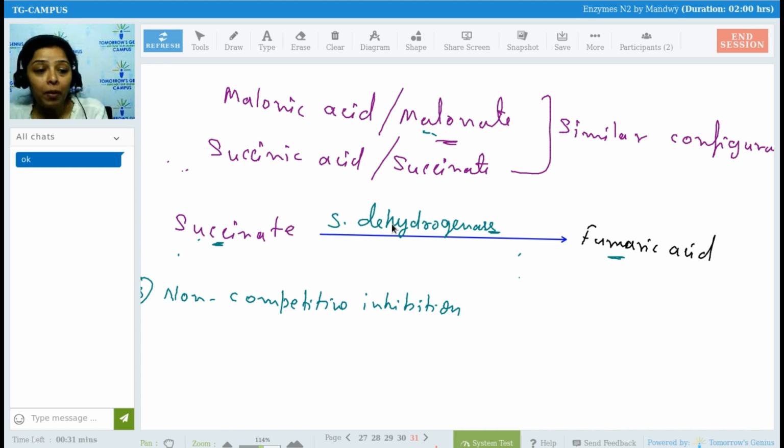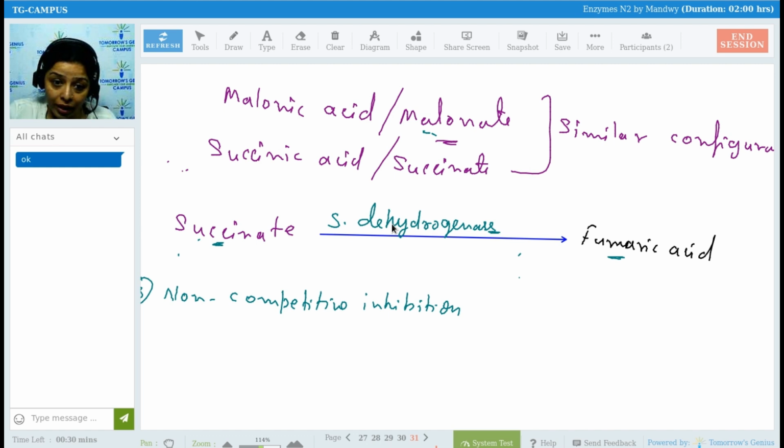By binding or attaching to the other site, the allosteric site, they are changing the configuration. So here it is not specific that they will always bind with the allosteric site.